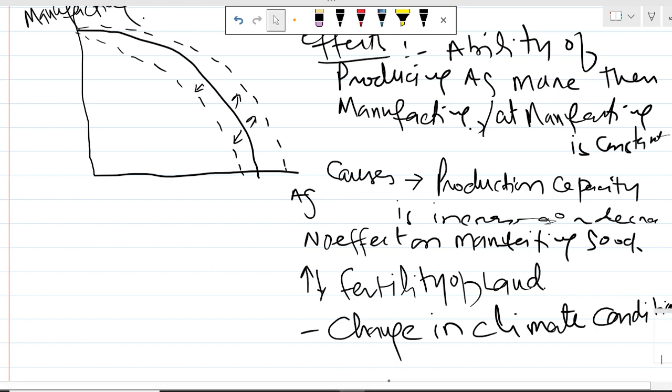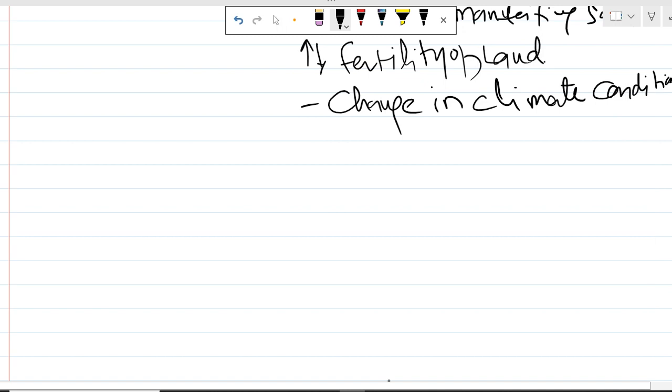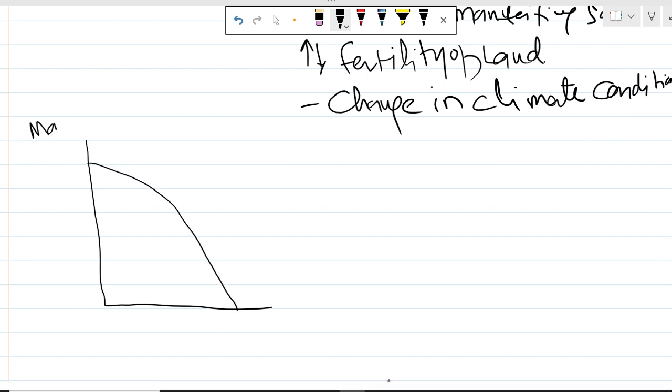And now we draw another graph of the PPC curve. Here manufacturing and agriculture. Here agriculture is constant and manufacturing is increasing, or agriculture is constant and manufacturing is decreasing.